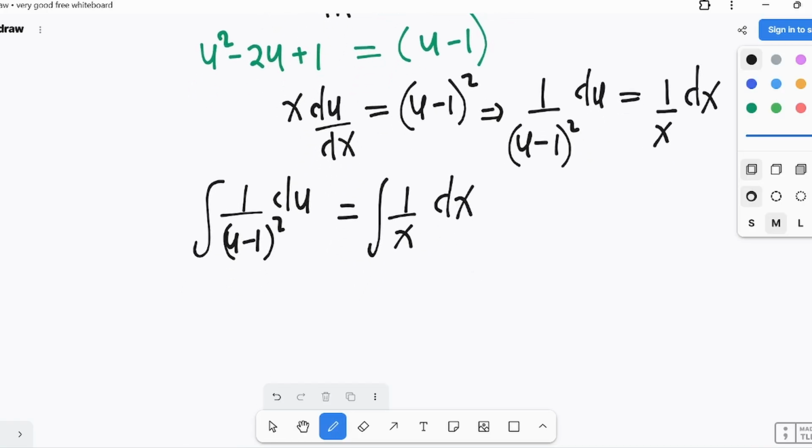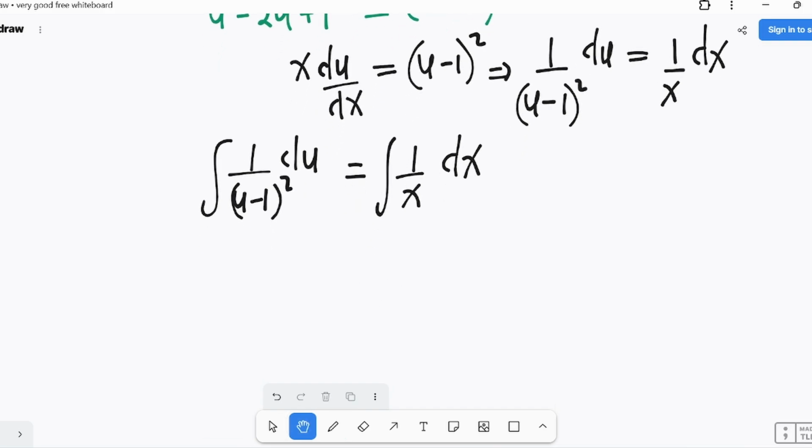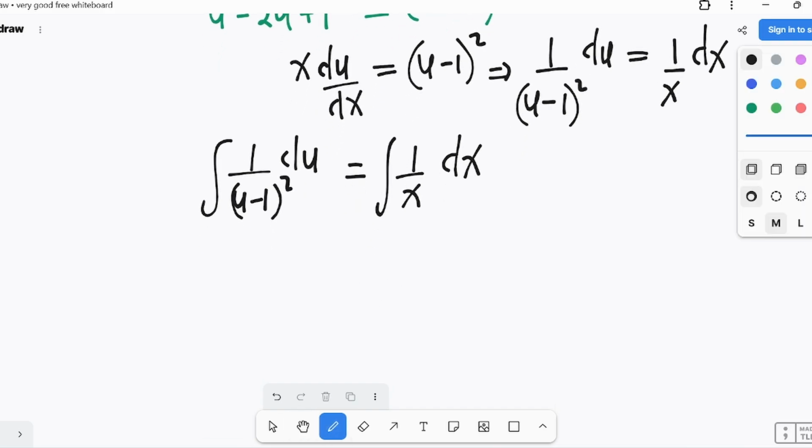When you integrate, we go slowly. We are going to integrate the left hand side. For the left hand side, we can begin by saying let, for example, p equal to u minus 1.